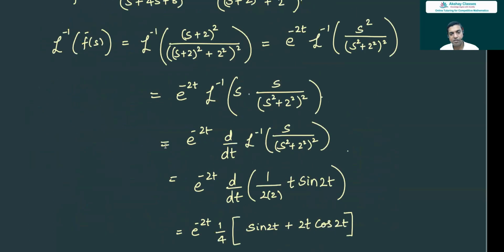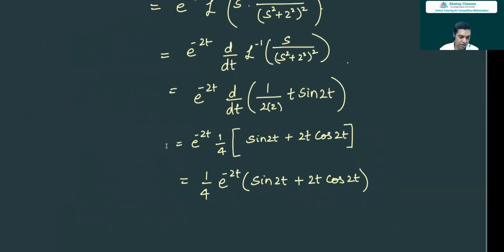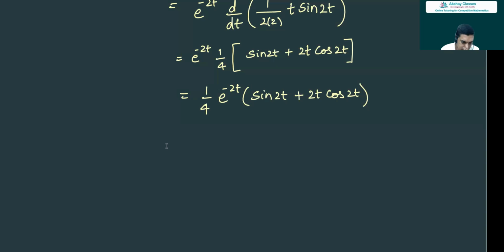How using properties we have simplified. Now we can alternatively do this by convolution.